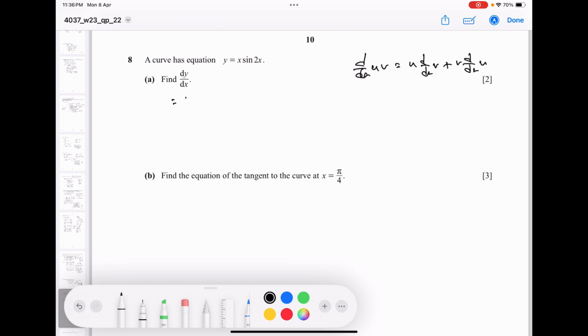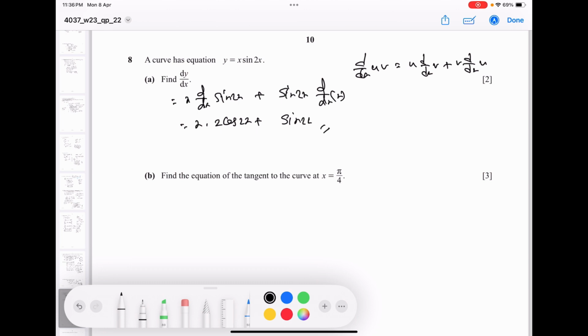So equals x d/dx of sine 2x plus sine 2x d/dx of x.